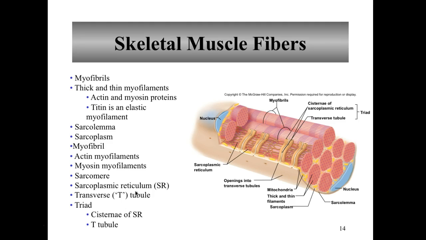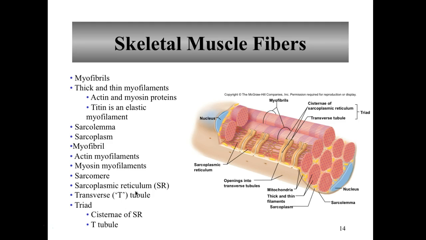The muscle cell membrane, what we would call the sarcolemma, is the special name given to the membrane of the muscle cell. So these transverse tubules invaginate into the muscle cell, and because they're coming in from the outside, they're filled with extracellular fluid, and they extend deep into the muscle cell.